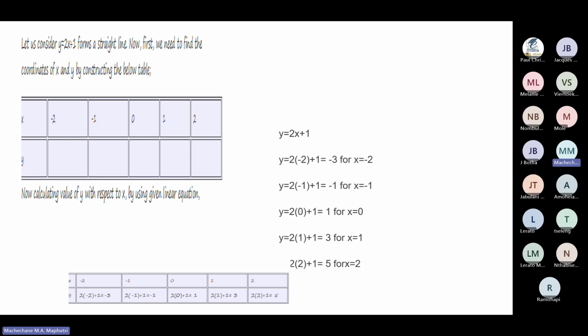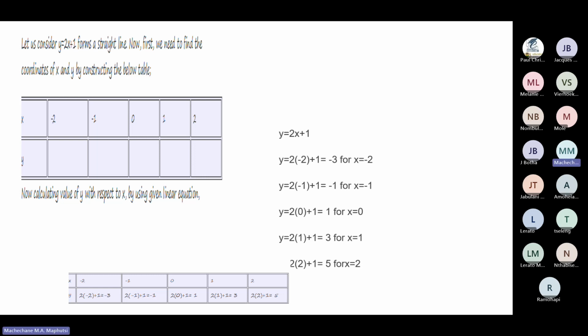So now we're going to put -3 there. Right. So now we do likewise with -1. We substitute it in the place of x, we replace it. Then we add 1, then the answer will be -1. Okay?